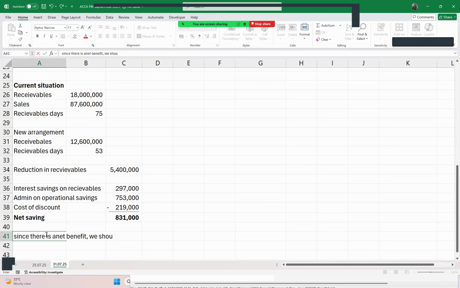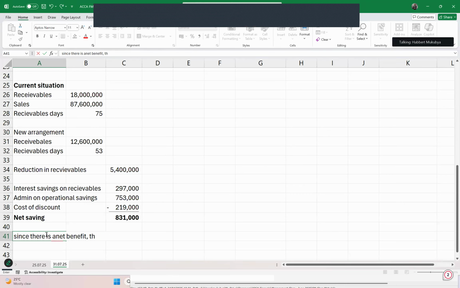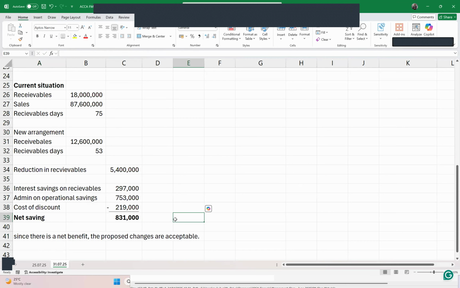Let's say the proposed change is acceptable. Now, that is the first part of the question.